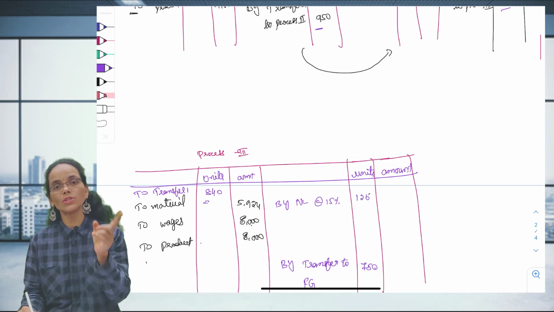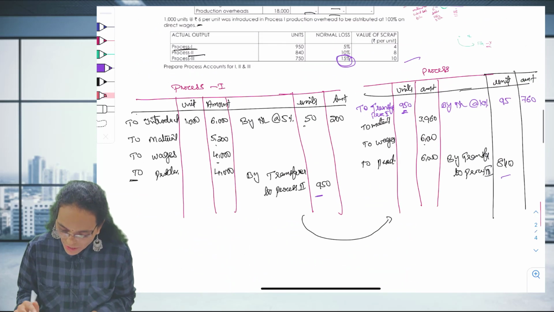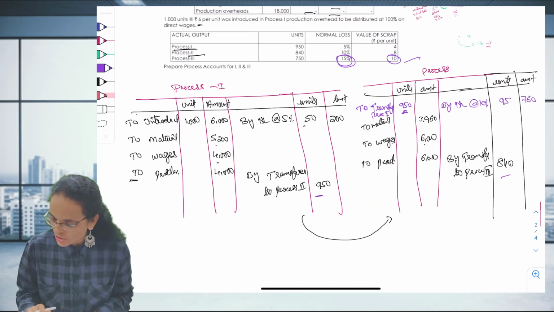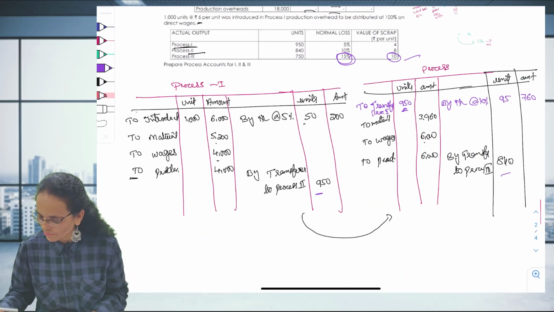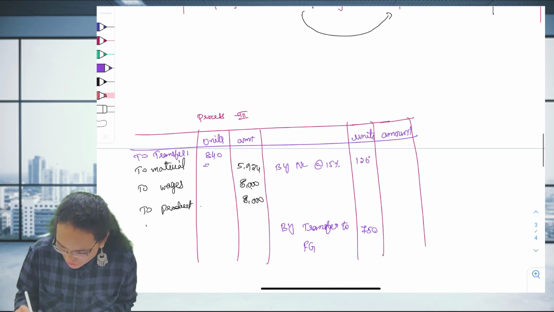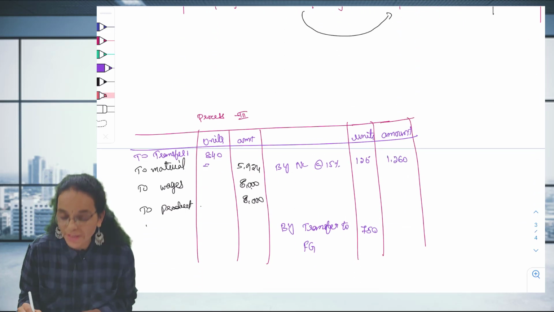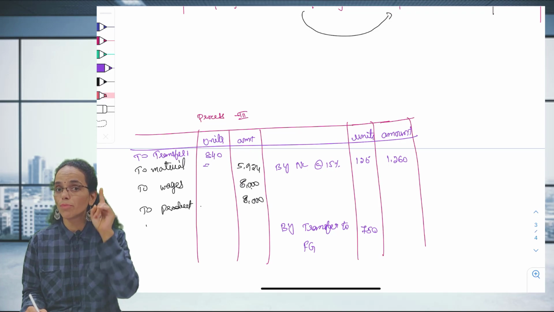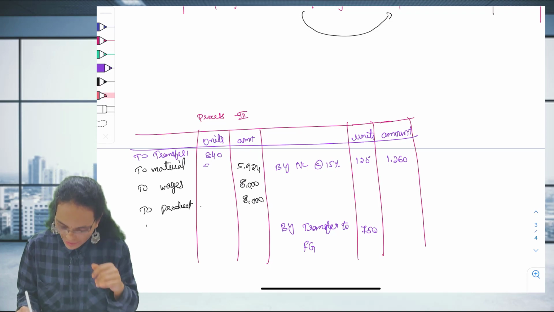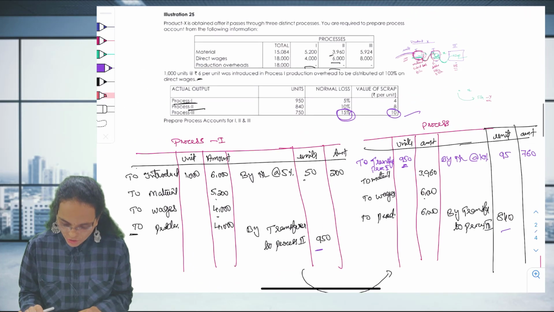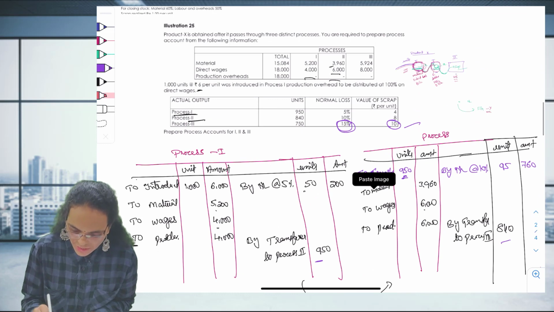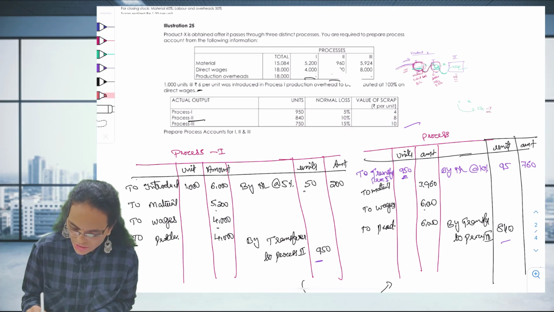These 126 units can be sold in the market at what price? Each 10 rupees. So into 10, 1260 rupees is the realization of the scrap value from process 3. Right. Now, is the question completed? Yes. Now the complete question is done.